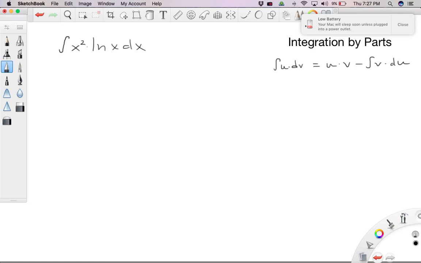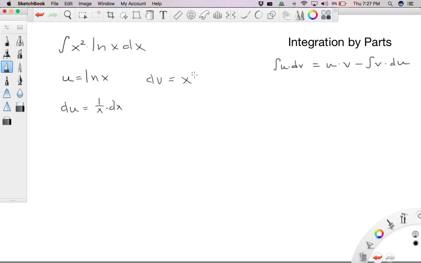So in this case, I'm going to choose u to be the ln of x, and the reason for that is it would be fairly easy to find the derivative of u, because that's going to be 1 over x times the dx. And I'm going to choose dv to be the x squared times dx, and that would make v, the antiderivative, 1/3 of x cubed.